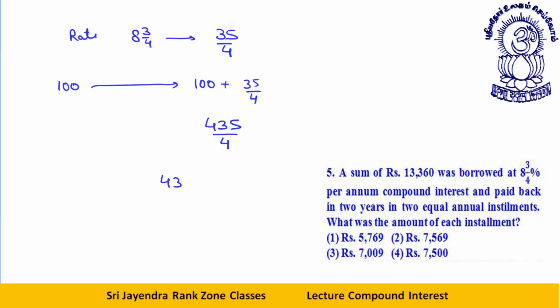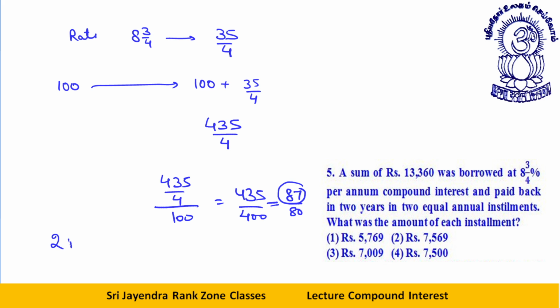The ratio is 435 by 4 divided by 100, or 435 by 400. If I cancel them by 5, this is 87. My answer has to be divisible by 87. Okay, dear students, so far clear? I'm sure it must be clear.